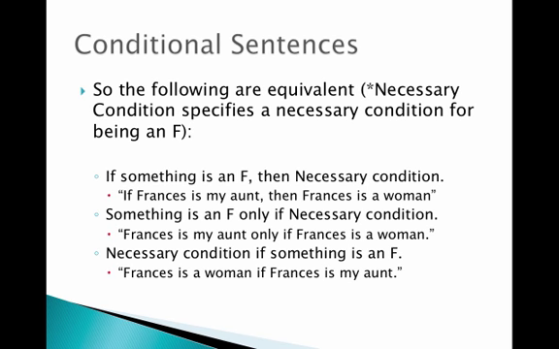Frances is my aunt only if Frances is a woman. Or: necessary condition if something is an F. Frances is a woman if Frances is my aunt. That is also the consequent. These are different syntactic structures, but logically they mean the same thing.